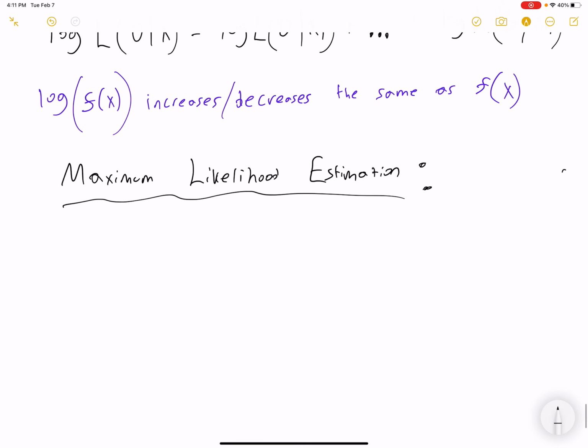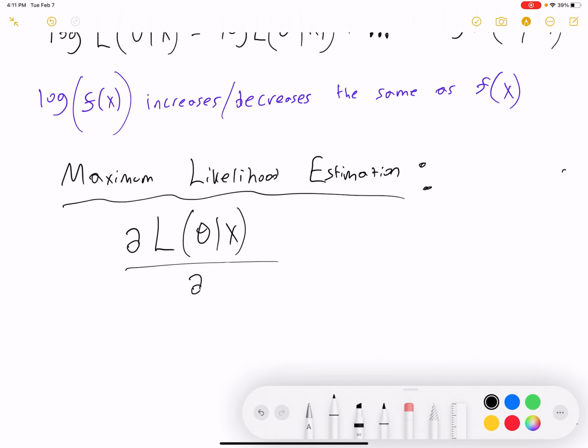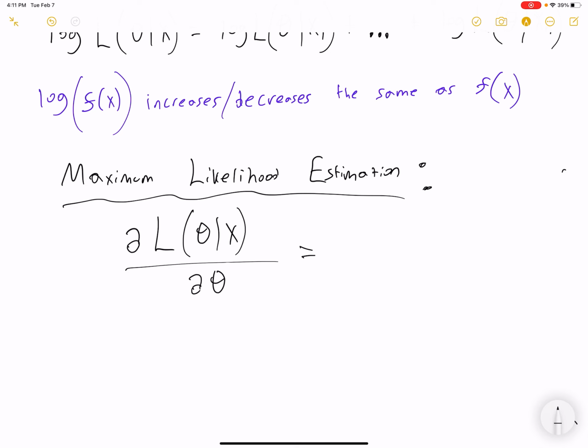So in maximum likelihood estimation, we go back to that calculus optimization procedure that we have seen a few times now. We set the derivative of our likelihood with respect to the parameters equal to 0.